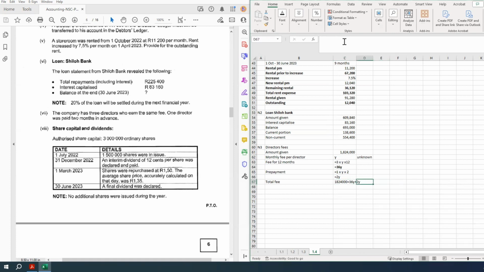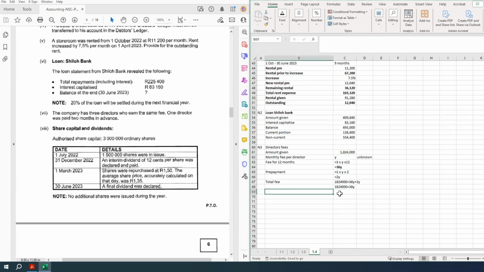And then effectively, 36 plus 2, so that then becomes 38y. Then I just need to divide by 38 on both sides, which then means y equals. Okay, so we can actually do that calculation.